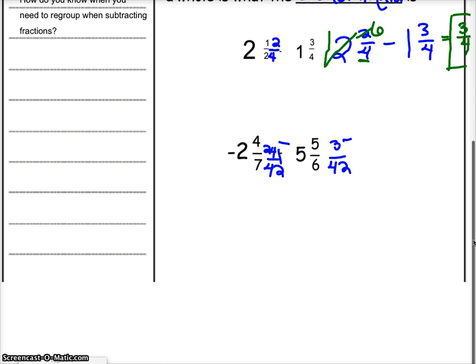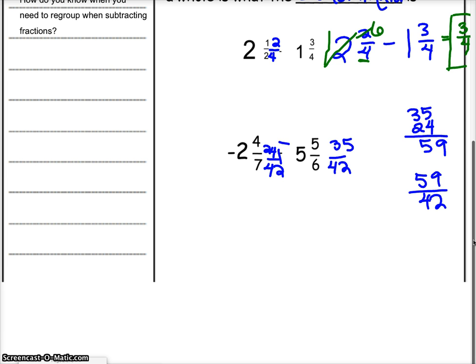This would turn to 35, multiplying 5 by 7. And now again, they're the same sign, so you just add them up and then put the sign they were. 35 and 24 is 59. So I have 59 over 42.